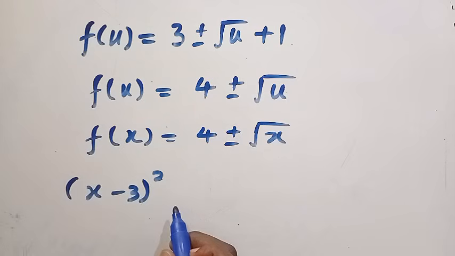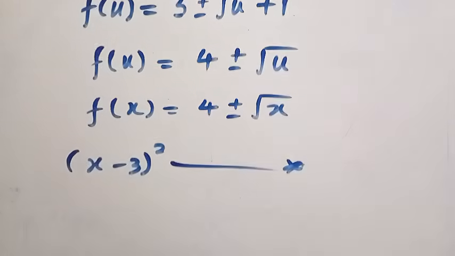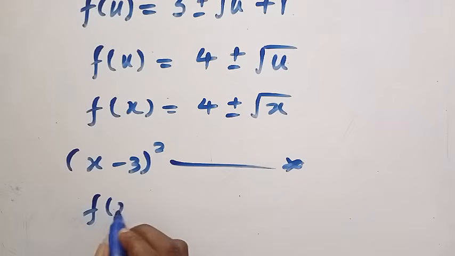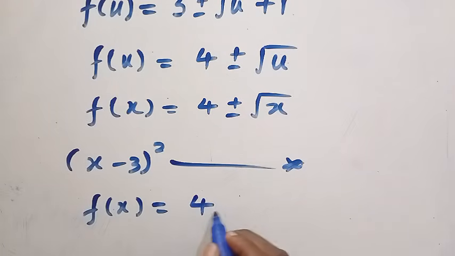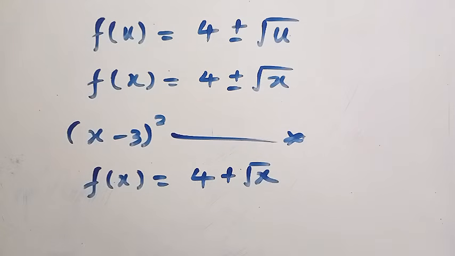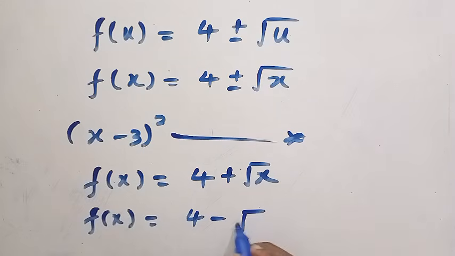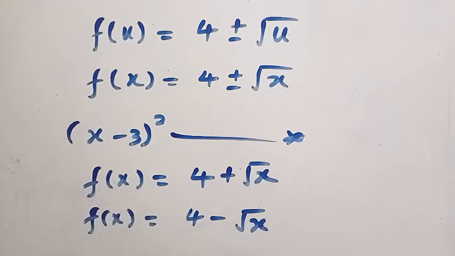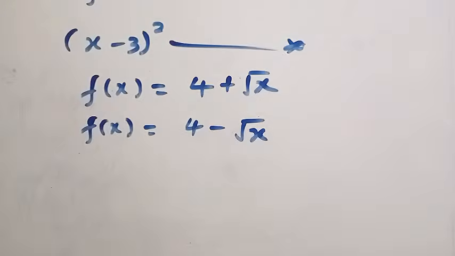If you look at this f of x, we have one of it to be 4 plus root x, and the other is f of x equals 4 minus root x, which means these two answers are what we are looking for after we substitute the value of x.